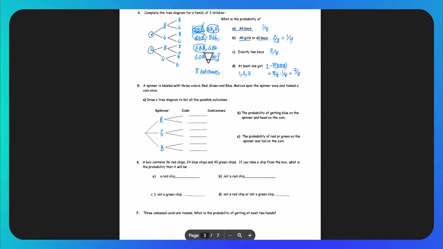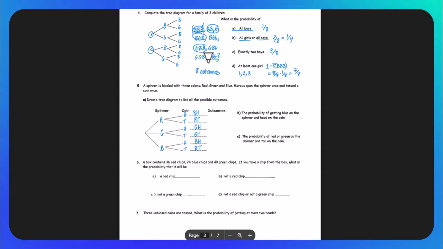And then we have a coin toss of heads or tails. So we can have red H, RT, GH, GT, BH, or BT.